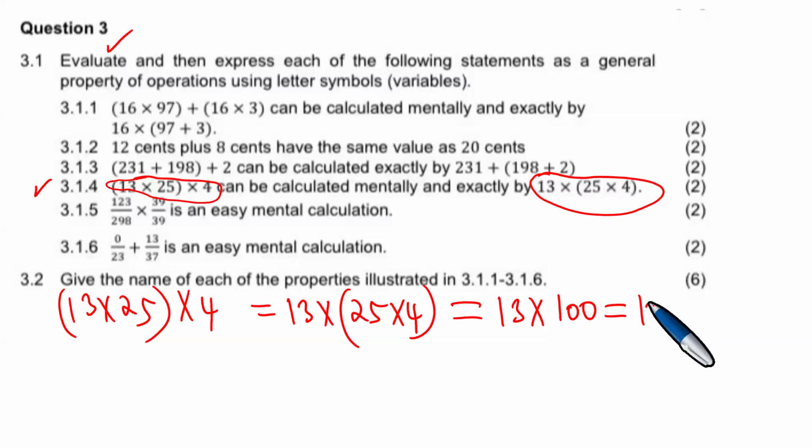You just write the 13 and then put 2 zeros. That is how you multiply numbers. If there's 100, just put 2 zeros there. So we have evaluated 3.1.4 and this is the answer.